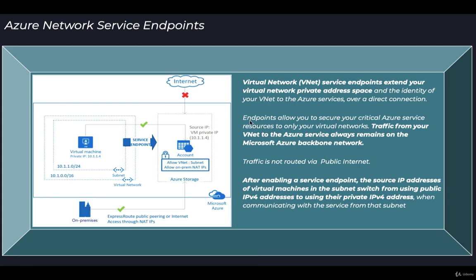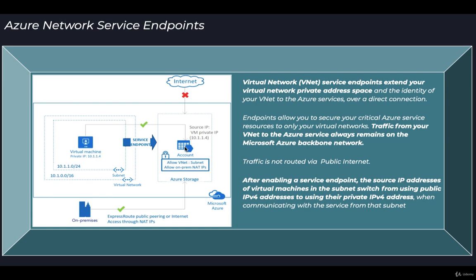The endpoint allows you to secure your critical Azure resources only to your virtual network. Traffic from your VNet to the Azure service always remains on the Microsoft Azure backbone, and is not routed via the public internet. Once you have enabled the service endpoint, the source IP address of the virtual machine in the subnet switches from using the public IP address to using the private IP address, as you can see in the diagram, when communicating with the service from that particular subnet.